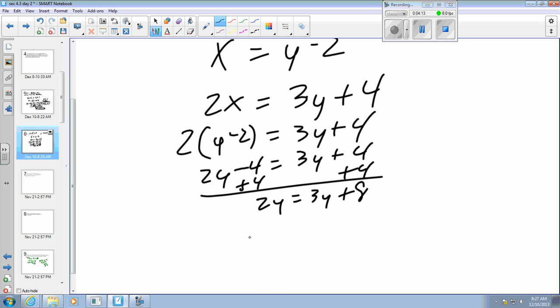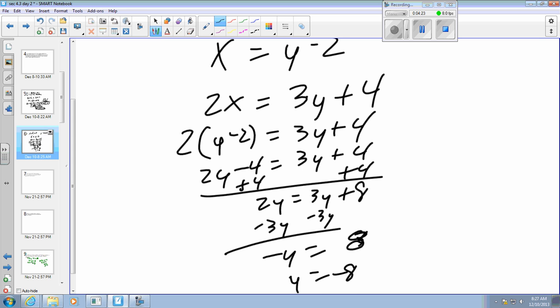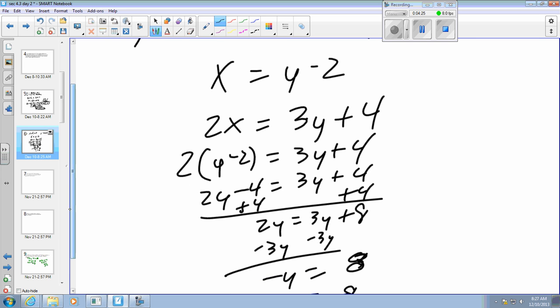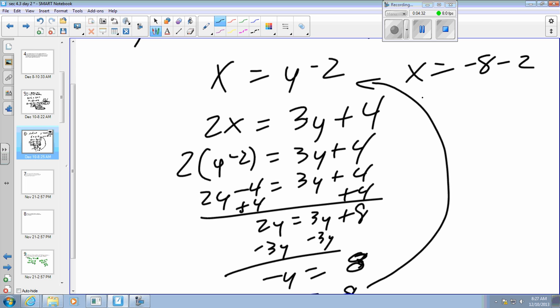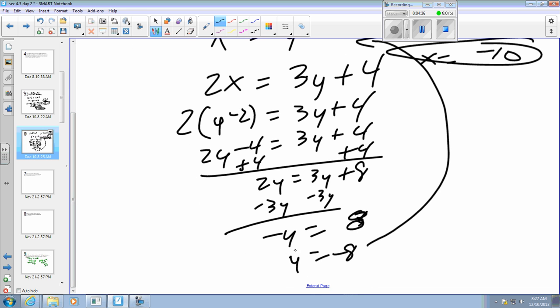Minus the 3y from both sides, negative y equals 8. If negative y equals 8, then y equals negative 8. And let's plug that back in up here. If y is negative 8, x equals negative 8 minus 2, so x must be negative 10. So negative 10 and negative 8.